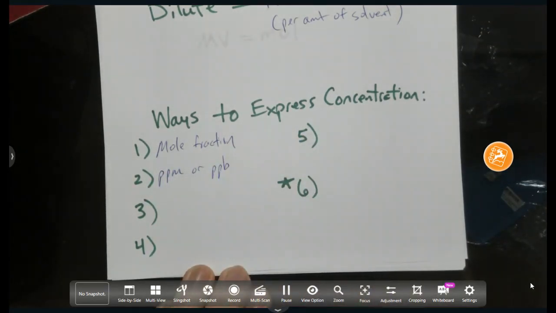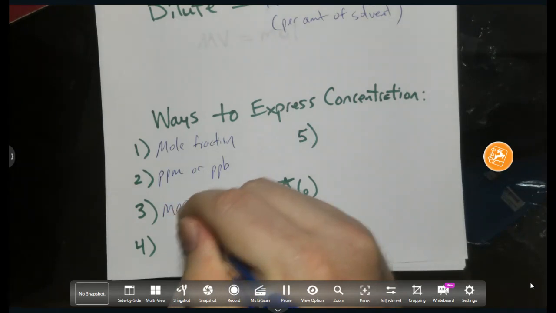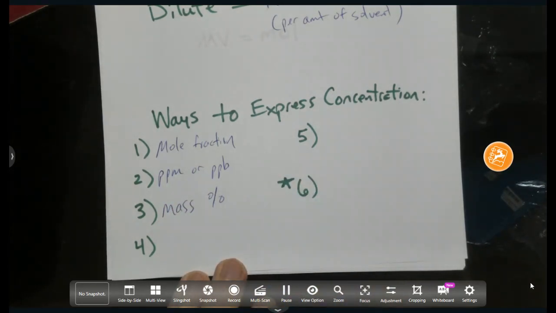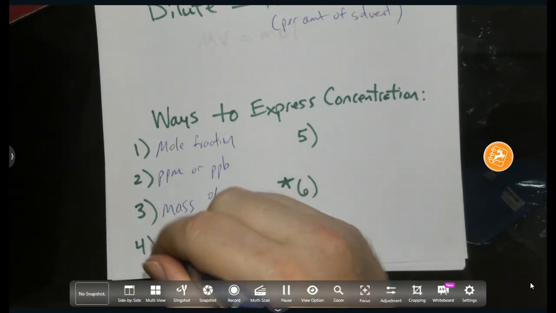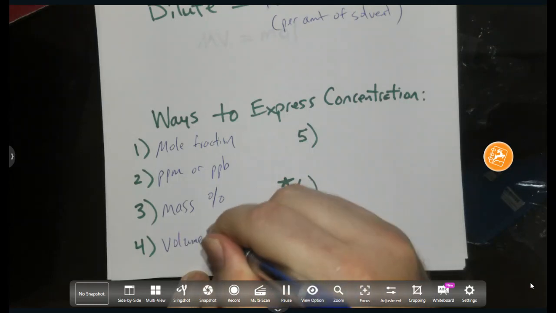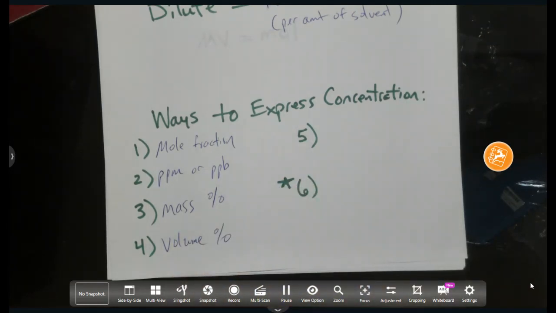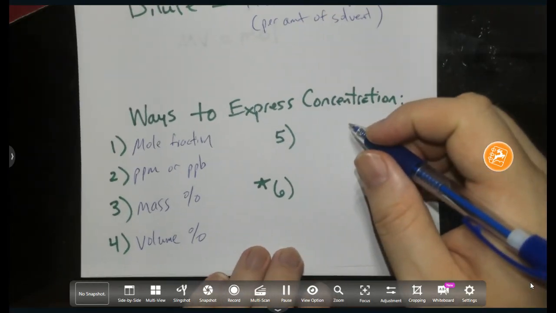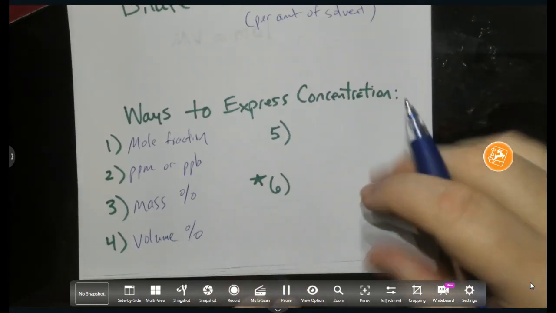You probably have seen those units somewhere in your reading, if not in class. You can do a mass percent. So you take the mass of the solute over the entire mass of the solution, everything, and get a percent out of it. And you could also do a volume percent. Same idea. You take the volume of the solute over the volume of everything in the solution, and that's most useful for liquids.